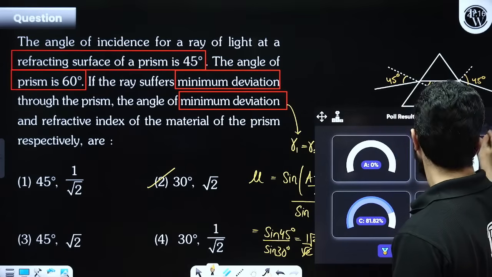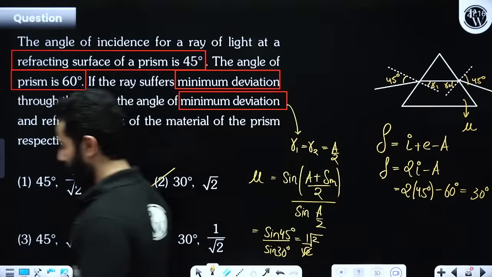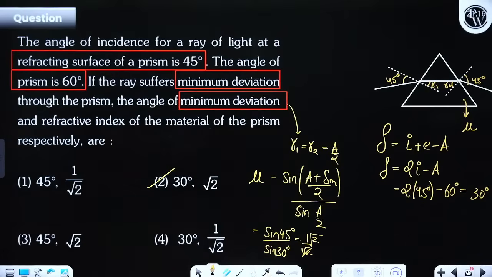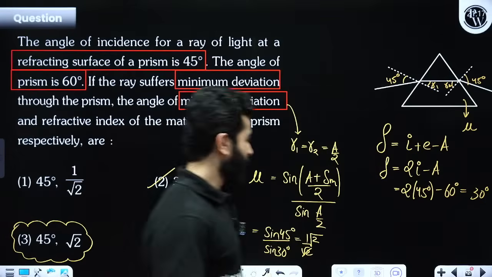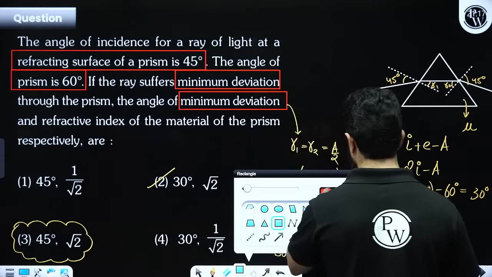What has happened? Please check once. Is there any trouble? Second is the correct answer here. Why have you said third? There is no problem in root 2, so how did you get third? How did you get 45 degrees here?